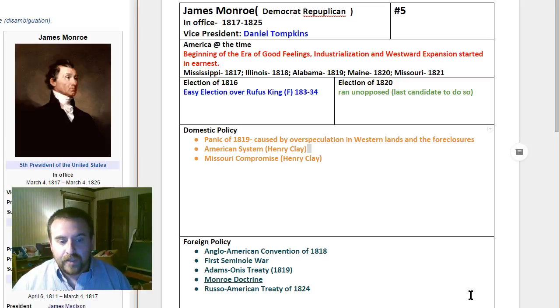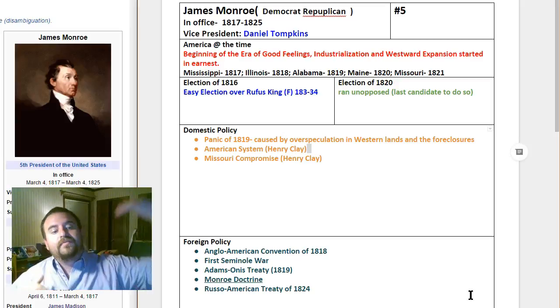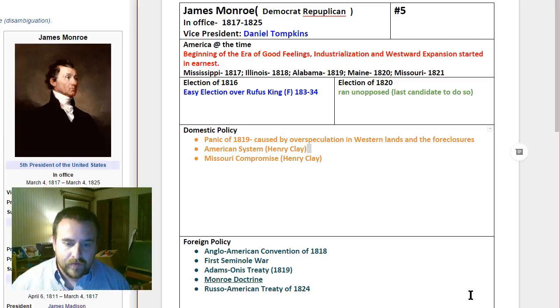So the context of the Monroe Doctrine, again, we've been over it in class, so I'm not going to rehash everything, but remember that there's a lot of, one, Russian influence from Alaska. We're trying to stop that. But also a lot of these colonies are starting to break off and splinter away from their colonial regimes in South America and Central America.